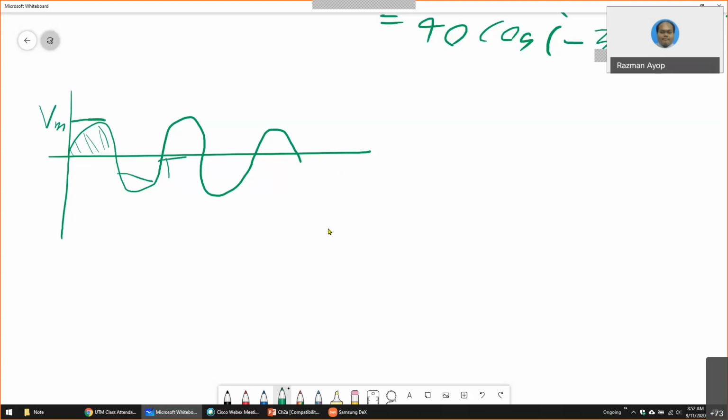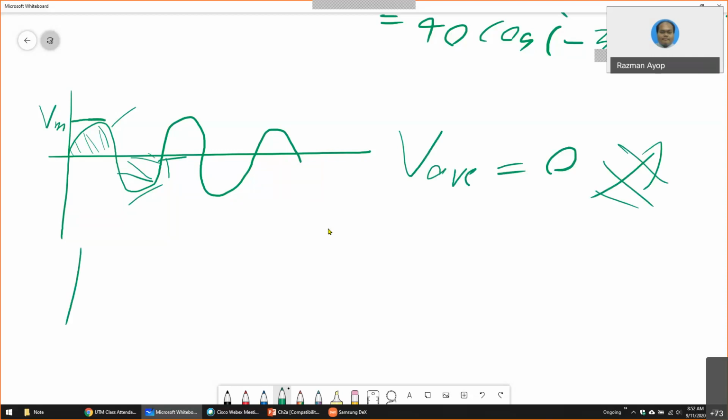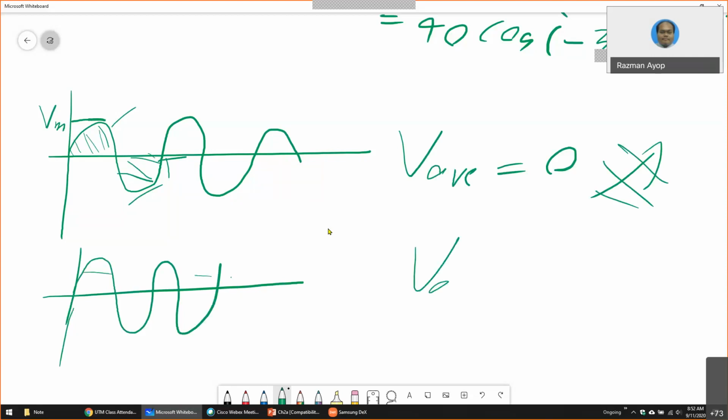This one is equal to this one but on the opposite side, so V average equals 0. It has no value, so that's why you have to use the RMS. V RMS equals V max divided by square root 2.